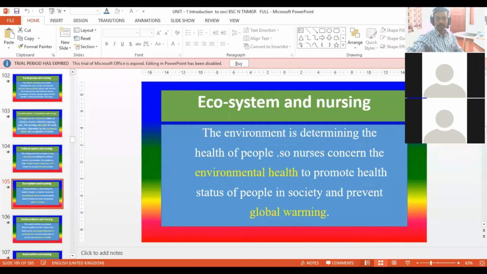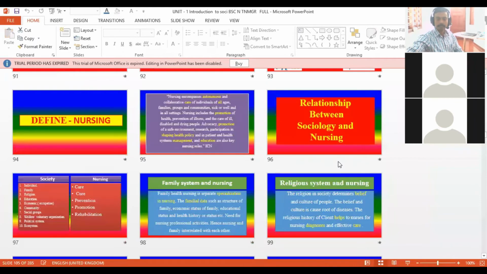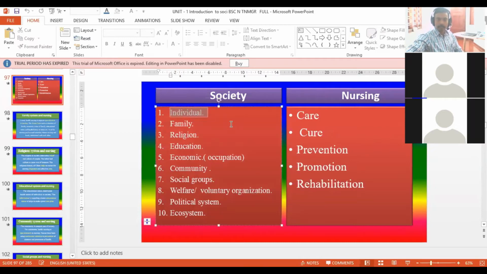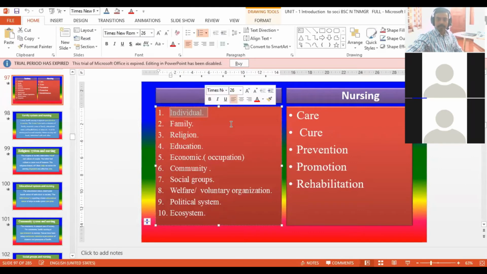What is the relation between society and nursing? Nursing for society. We have discussed every area regarding familial factors, religious factors, etc. Then individual factors concerning biological and psychological factors, which are largely determined by all these factors.